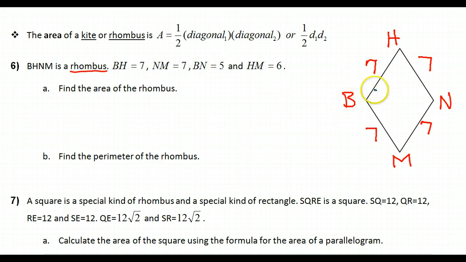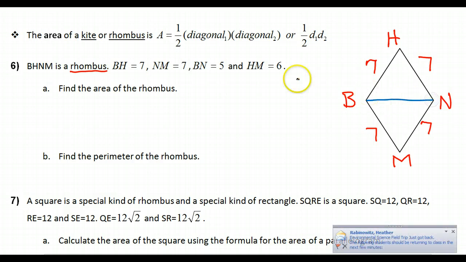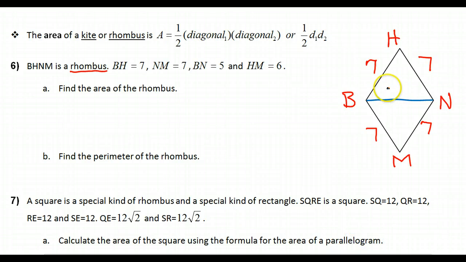BN is 5. What's that? BN, that is a diagonal, correct? So BN is one of my diagonals, and that is 5. And then what else we have? HM is 6.